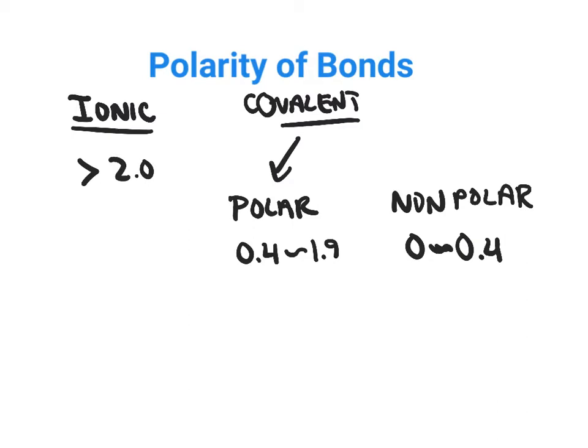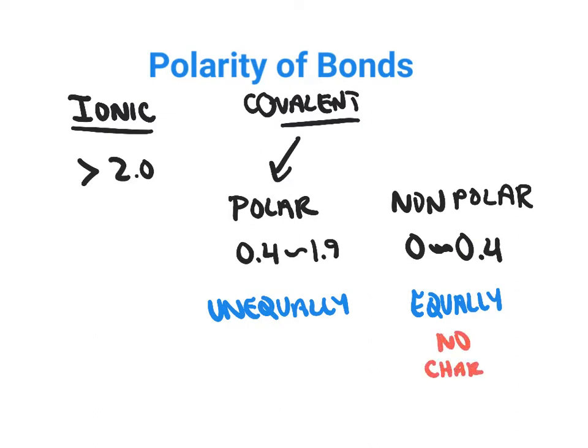But the bigger thing you should know is that in a polar covalent bond, electrons are shared unequally between the atoms, and in a non-polar covalent bond, the electrons are shared completely equally between the atoms. Which means in a non-polar covalent bond, there's no charges, and in a polar covalent bond, you get very slight charges on the different atoms, and I'll show you what this means in a second.